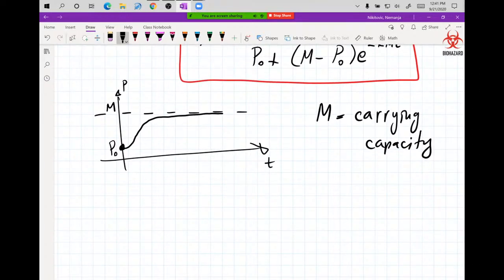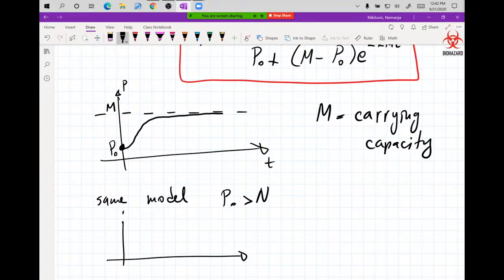Now, for the same model, if your P0 happens to be bigger than M, guess what happens? If you have the same situation, you have your M over here.